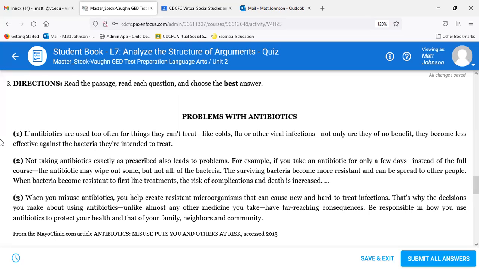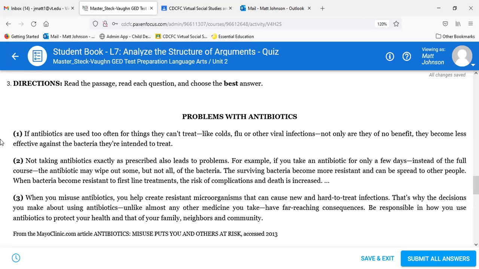When bacteria become resistant to first-line treatments, the risk of complications and death is increased. When you misuse antibiotics, you have resistant microorganisms that can cause new and hard to treat infections.